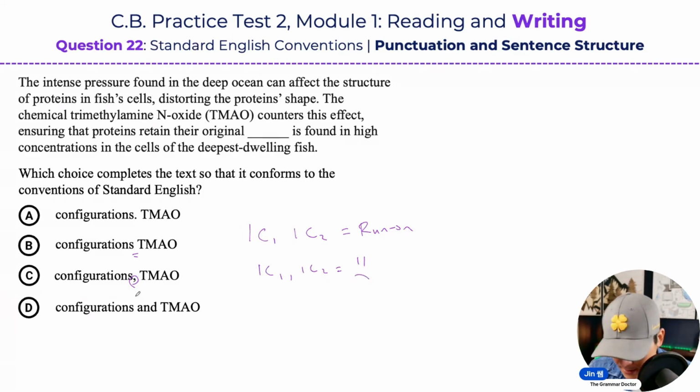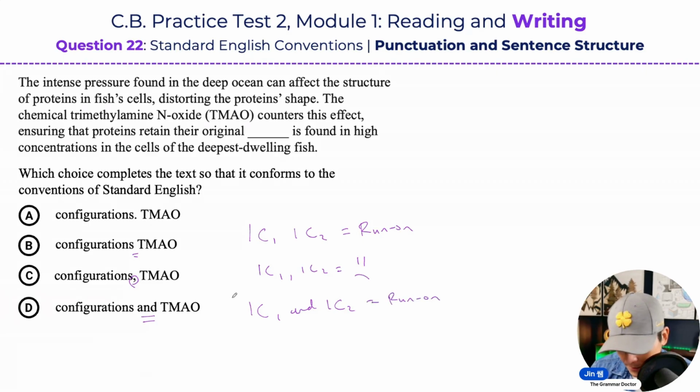Now look at what answer choice D does. Answer choice D uses the fanboys word and, but it doesn't use the comma, right? So remember, you have to have both the comma and the fanboys word to grammatically separate two independent clauses, right? So answer choice D also creates a run-on sentence, right?